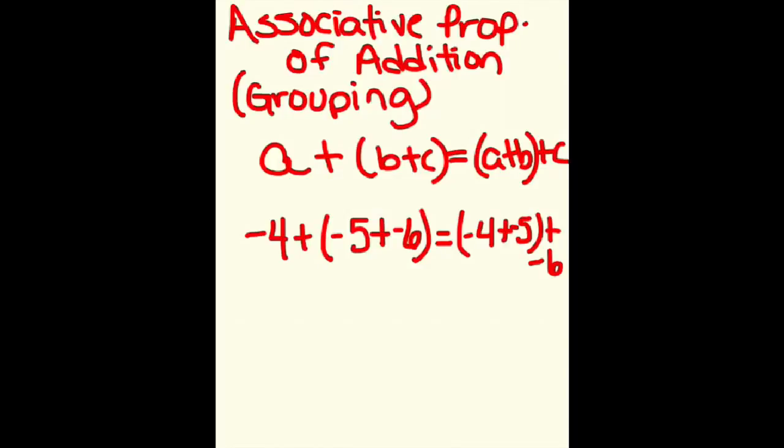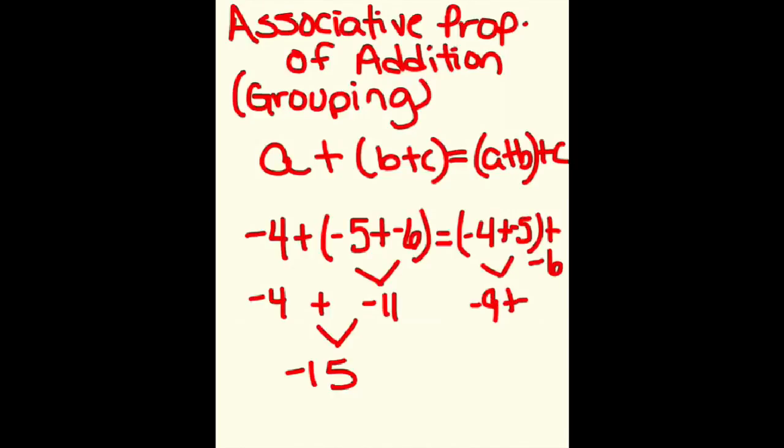Well, let's just check it out and see if it does. -5 plus -6 is -11, plus -4 equals -15. Let's check it out and see if it's true over here. -4 plus -5 is -9, plus -6. Negative plus negative is always negative, no matter what. So -15 equals -15.